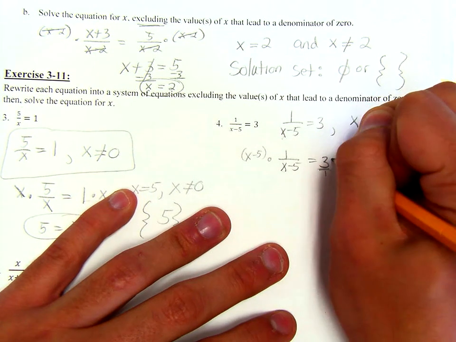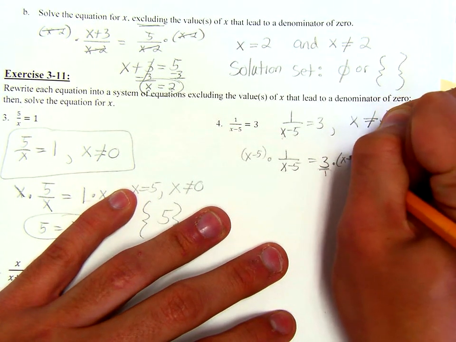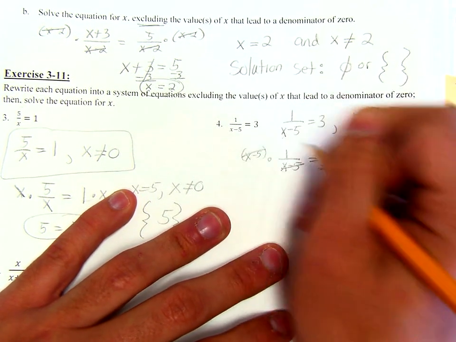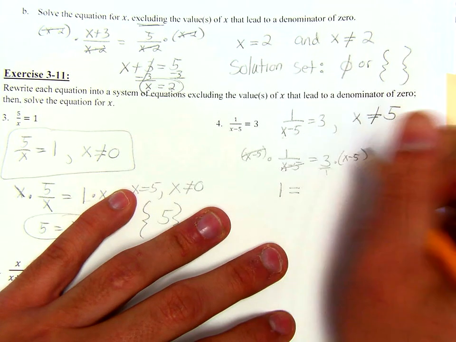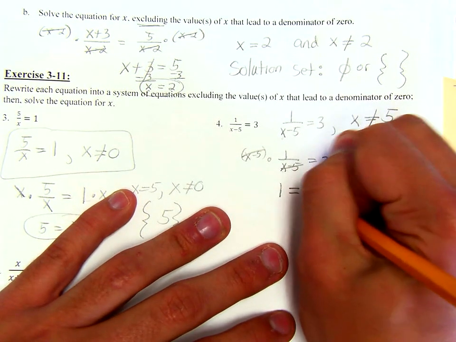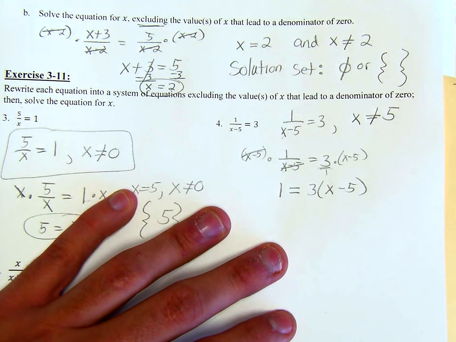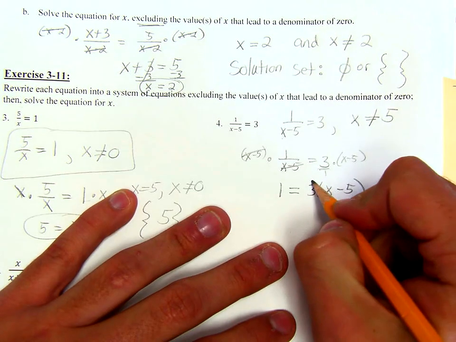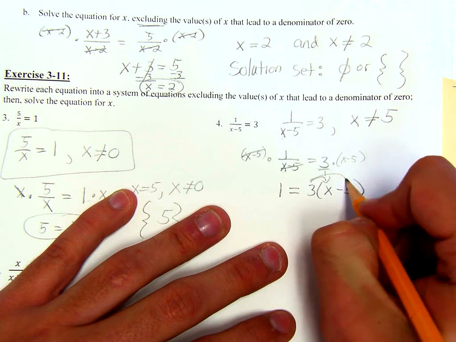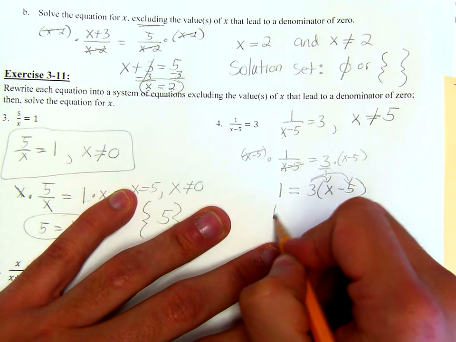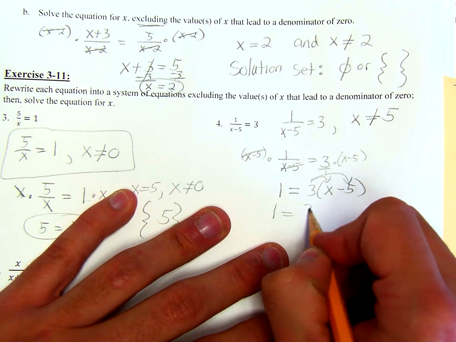In this case, the x minus 5s will cancel, and we'll just have 1 is equal to 3 times x minus 5. So, now to solve for x, we're going to have to use our distributive property and distribute the 3. So we're going to have 1 is equal to 3 times x is 3x. 3 times negative 5 is negative 15.